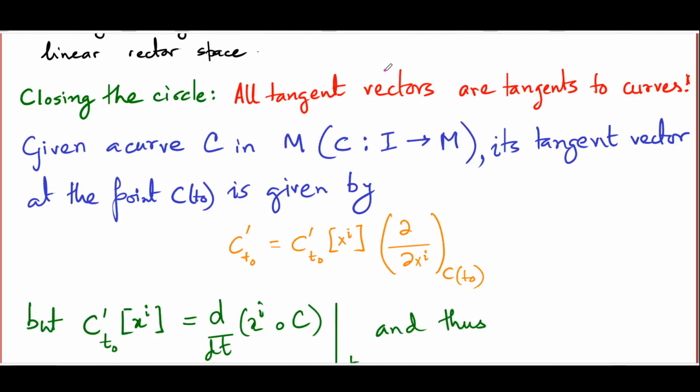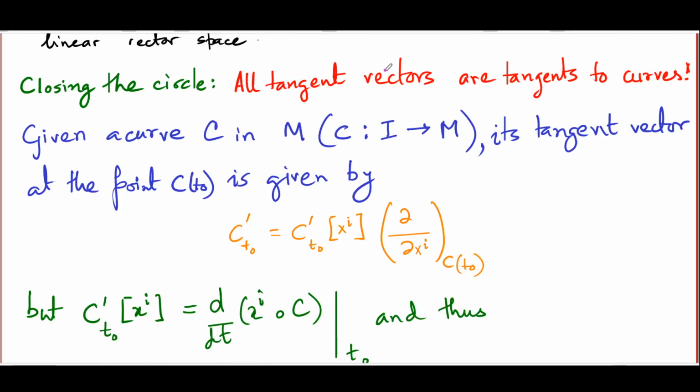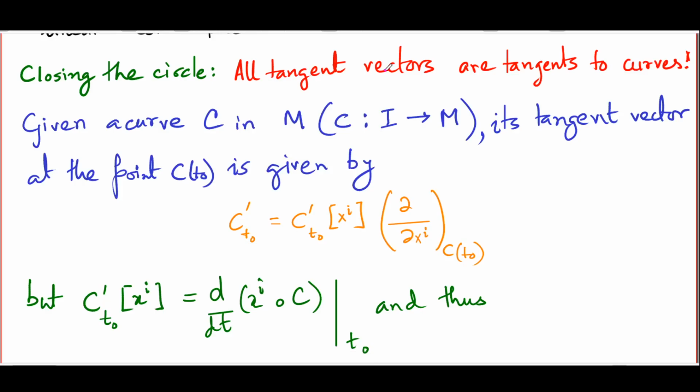But now remember, C'(t0) at x^i, by definition of the tangent vector to a curve, is simply the derivative of the function x^i composite C. That is, of the ith coordinate function as you move along the curve. And this has to be evaluated at the value t0 of the argument t.